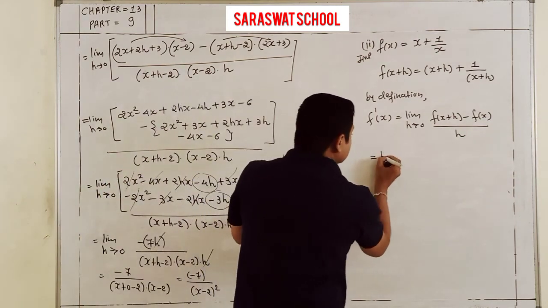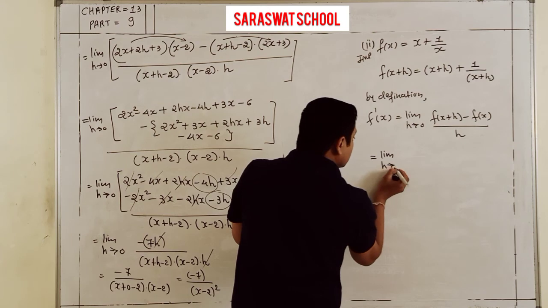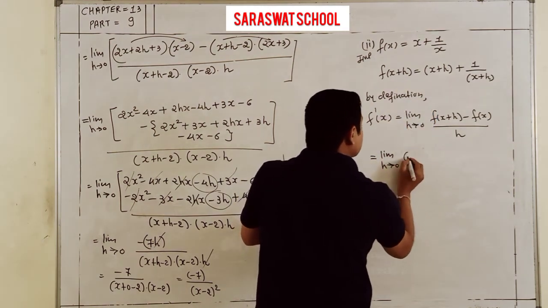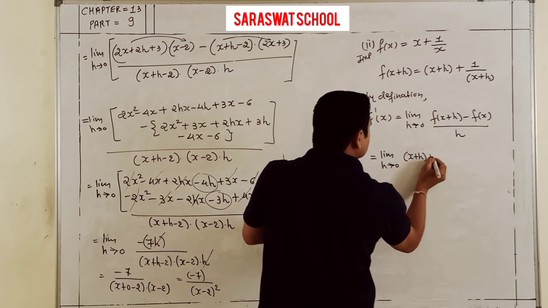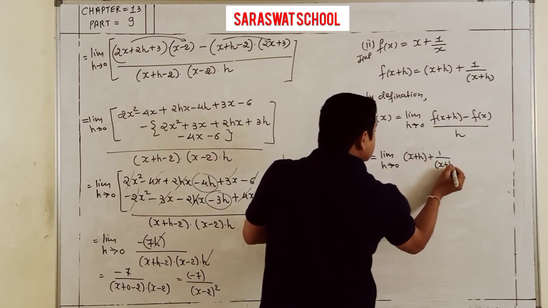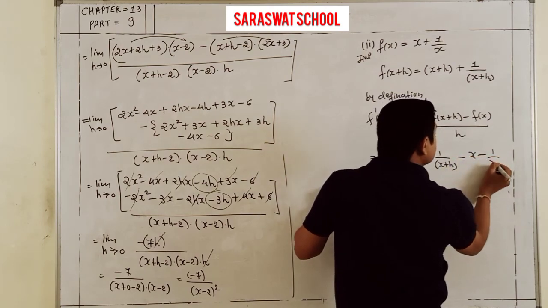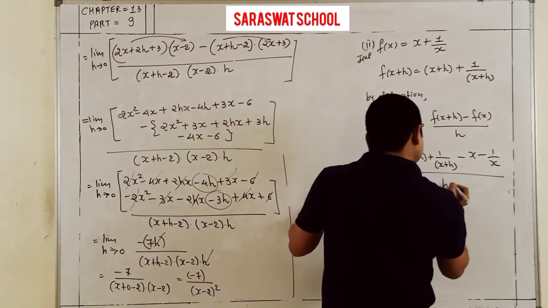So limit h tends to 0, it should be 1 by this value, x plus h, 1 by x plus h, f(x) is that minus x minus 1 by x, upon as it is.